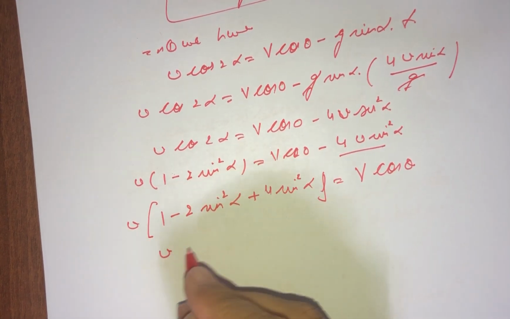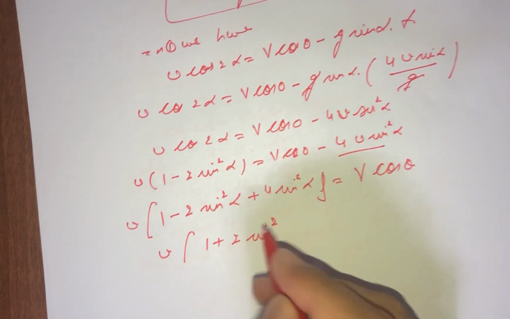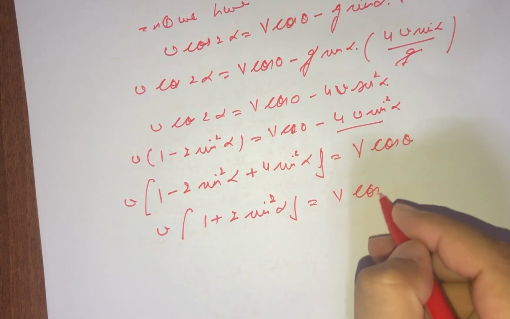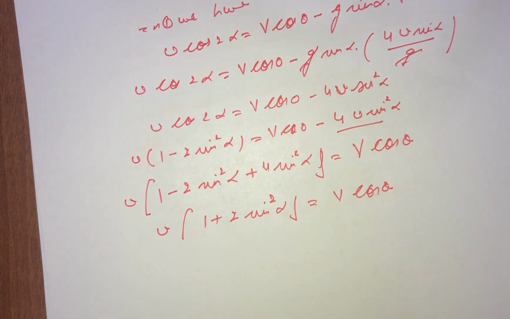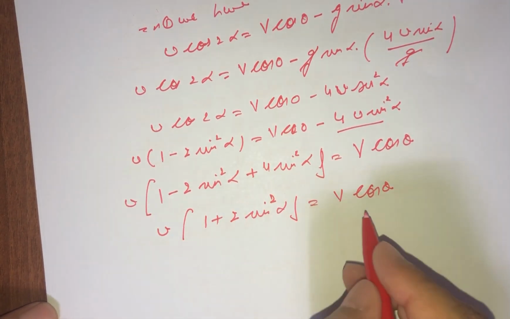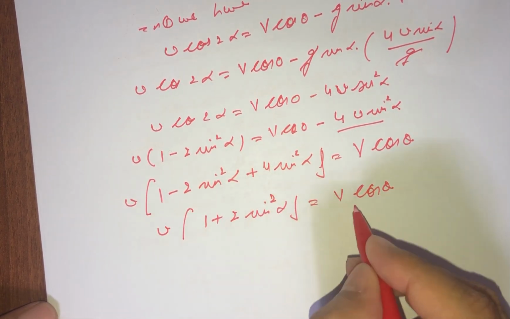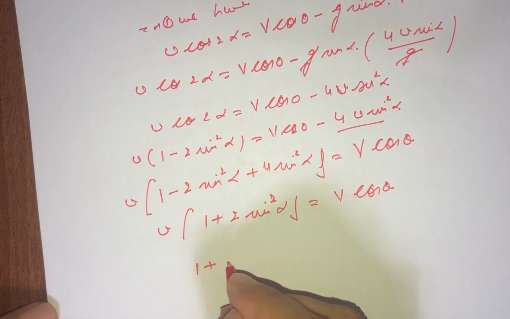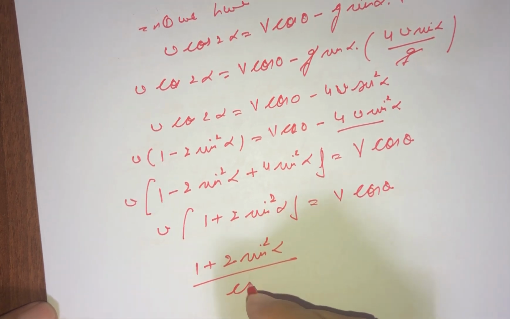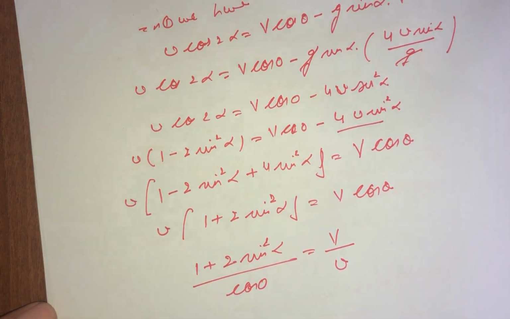So this will be v. We get this as 1 plus 2 sine square alpha is equal to v cos of theta. Now this can be written as, bringing cos theta to the left side and taking v to the right side, we get 1 plus 2 sine square alpha divided by cos of theta is equal to capital V divided by small v.